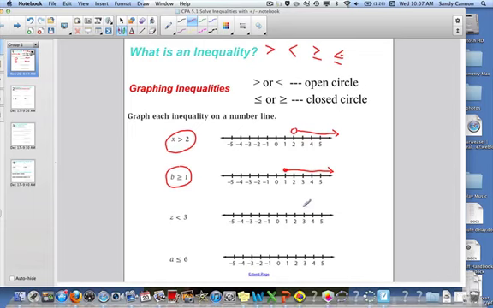It's less than, which means it doesn't include 3, so we're going to put an open dot on 3, and the less than symbols go in this way. Okay. And a is less than or equal to 6. So we can put a 6 on here if it's not there. Okay, and we're going to put a closed dot, and we're going this way. Okay? And that's how you graph with inequalities.